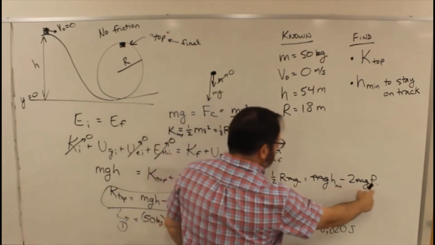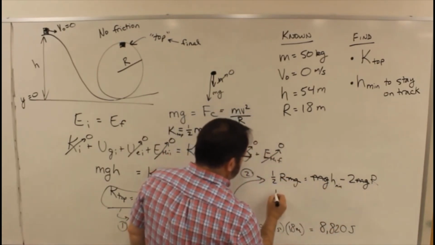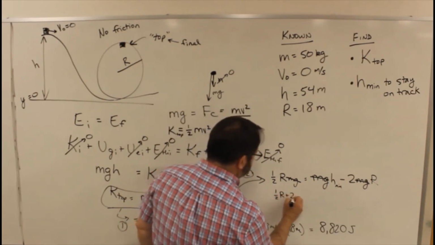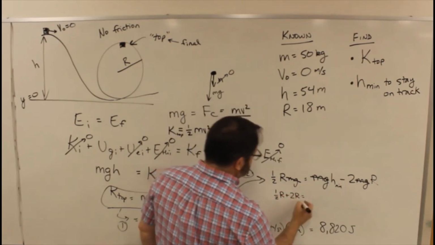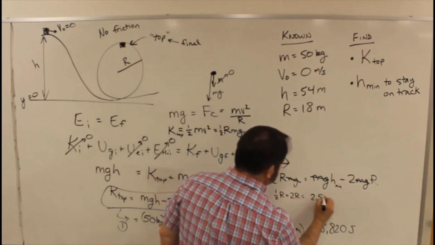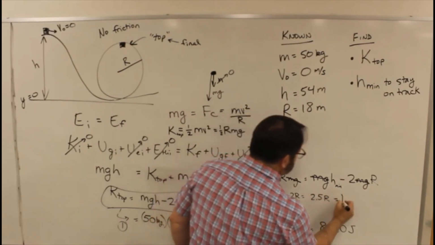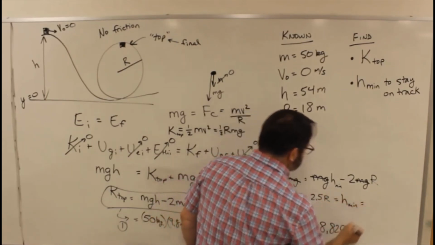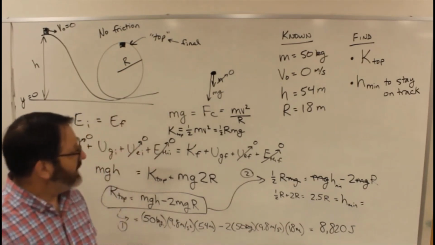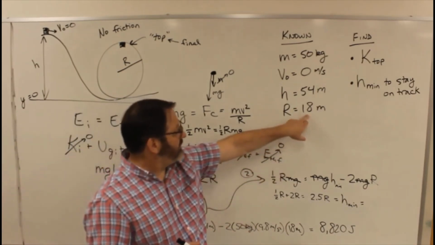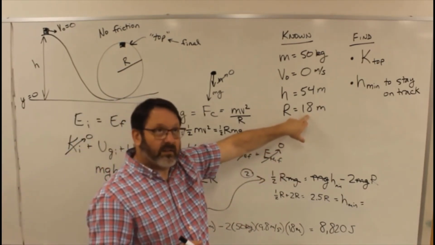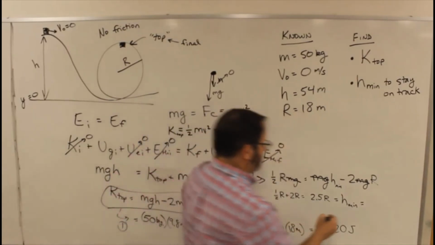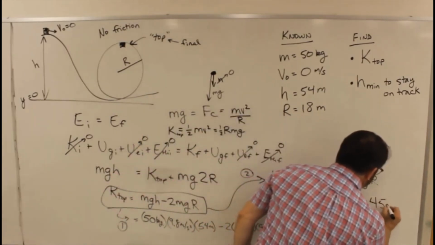So we're going to add 2r to both sides. So 1/2 r plus 2r, that's 2.5 r, which is h min. So h min, if r is 18, 2.5 times 18 is 36 plus 9, 45. 45 meters.